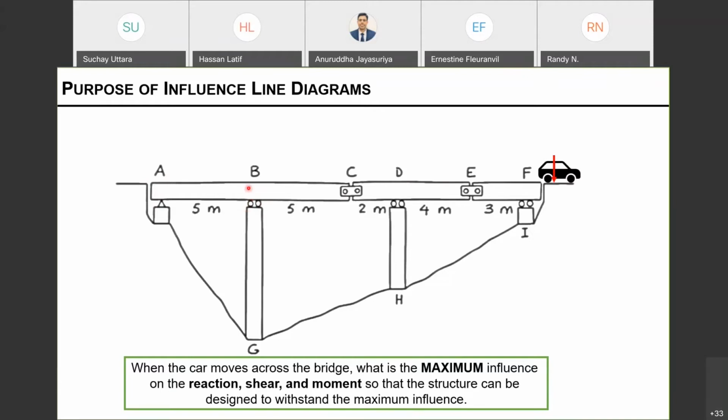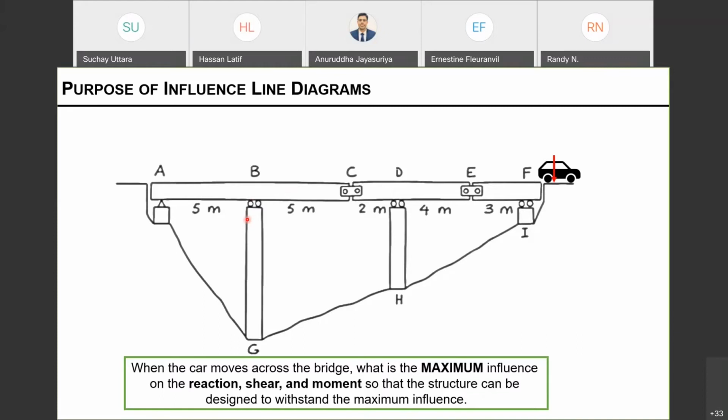Of course, we also have internal loading such as moments and shear. So we are interested in some particular location, right? The overall idea is that we are trying to draw something that tells us the maximum influence on a particular location or cross section of a beam.